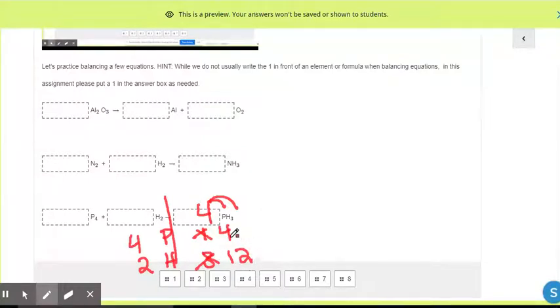Once I have the 12 hydrogens over here, I need to change that 2 to a 12. I see that now, when we do line down the middle, it saved us so much room. I should have done that for second period. All right, so we're going to put a 6 right here because 6 times 2 gives me a 12. And now we have to put a 1 right there. So you should have a 1, 6, 4. And then you can handle the other 2.